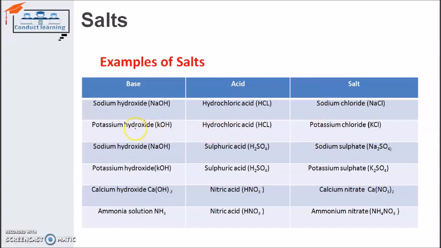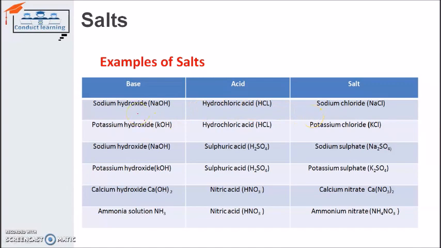In the same way, when potassium hydroxide reacts with hydrochloric acid, it gives us potassium chloride salt. When the same base reacts with sulfuric acid, it gives us potassium sulfate, K2SO4 salt. So the bases are the same in that case, but the acids are different. Or we can say, when the acid is the same but the bases are different, they also give us different salts.